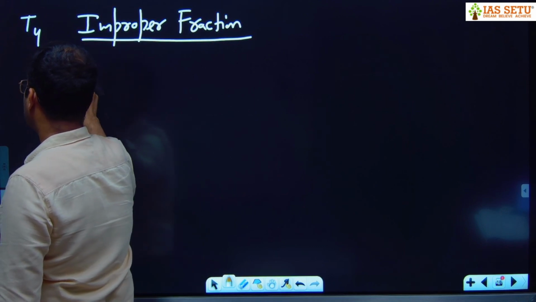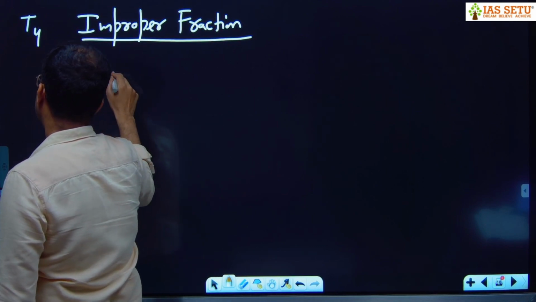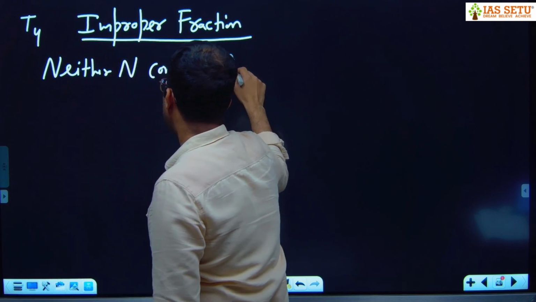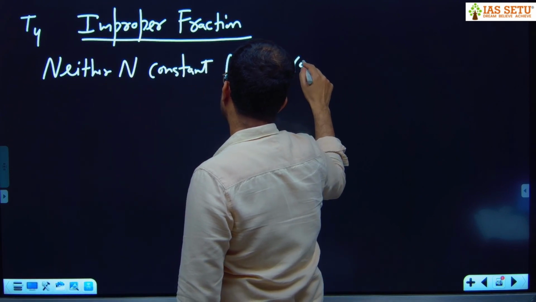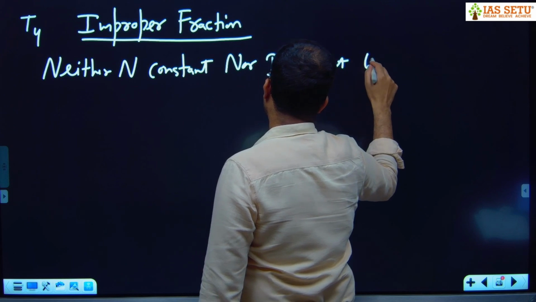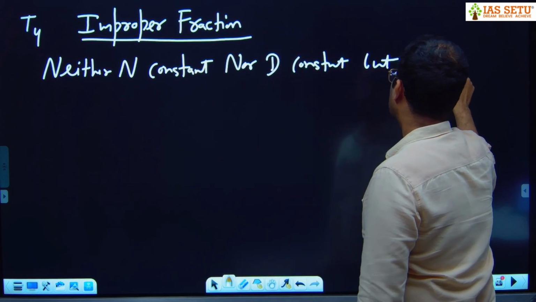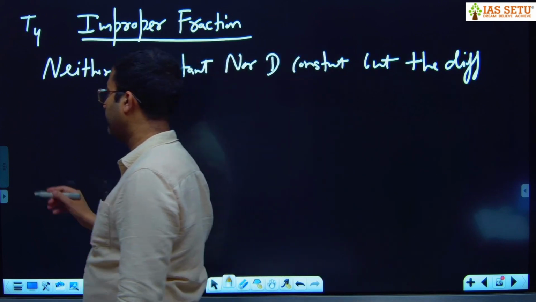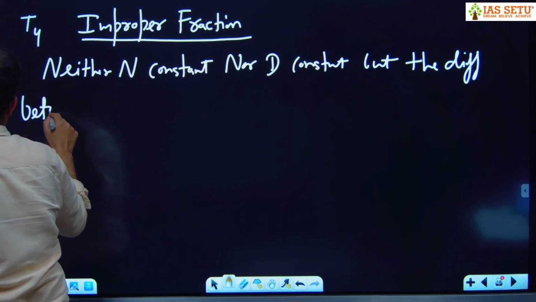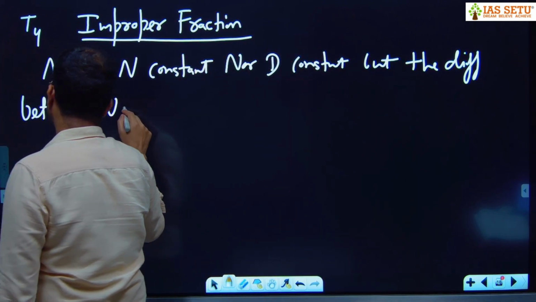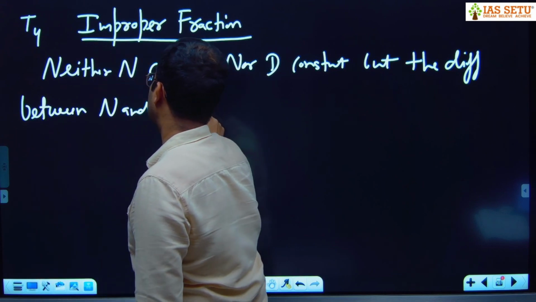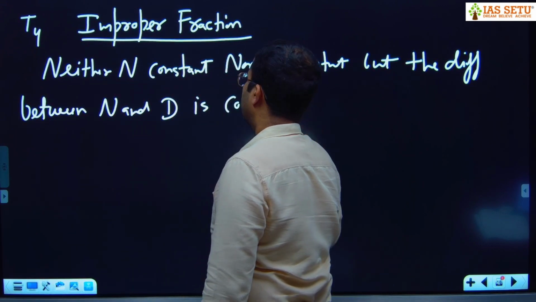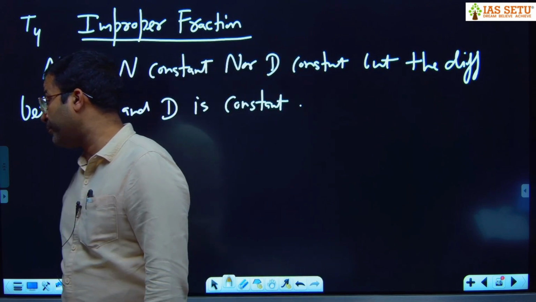Neither numerator constant nor denominator constant, but the difference between numerator and denominator is constant. But these are improper fractions.